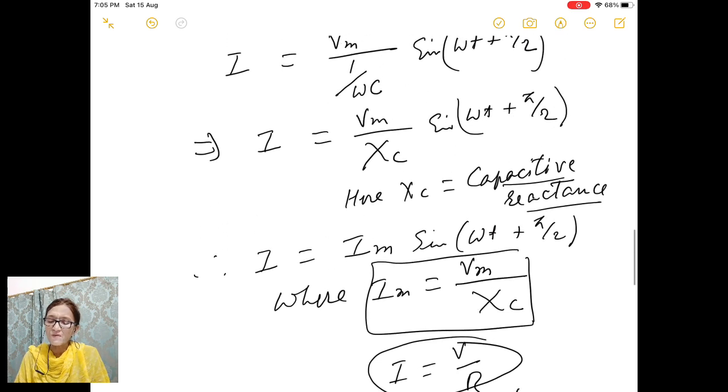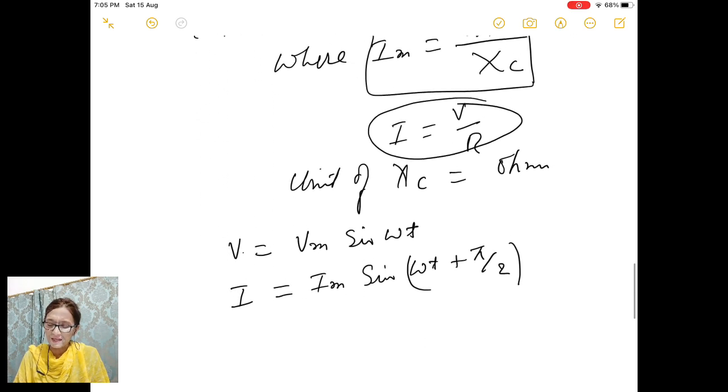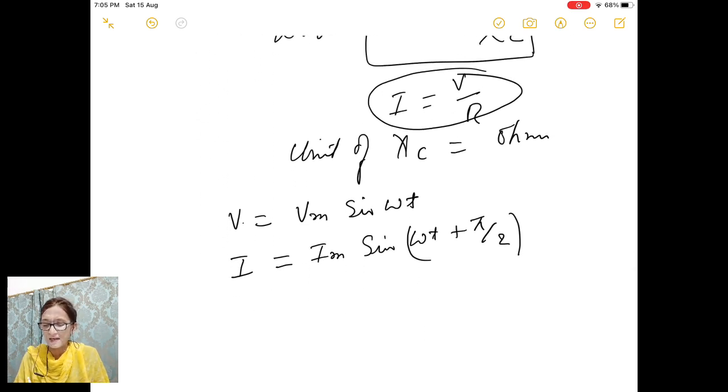This is why I have converted cos omega t in terms of sine omega t plus pi by 2, so that we can compare the phases of instantaneous voltage and instantaneous current. Now, you have instantaneous voltage in terms of sine and instantaneous current also in terms of sine.